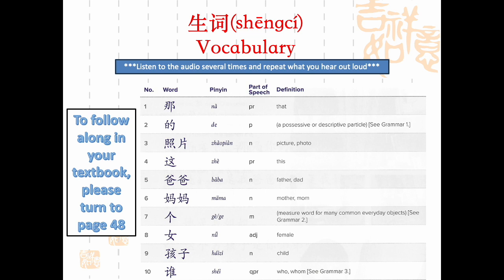Dad. 6. 妈妈 Mother. Mom. 7. 个 Measure word for many common everyday objects. 8. 女 Female. 9. 孩子 Child. 10. 谁 Who?